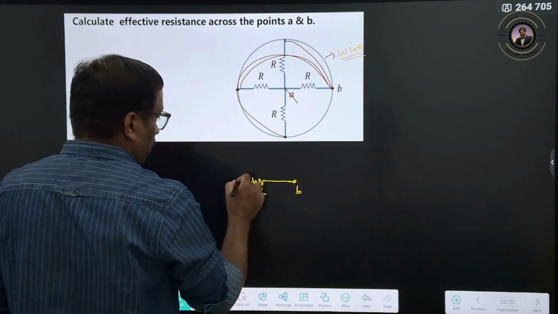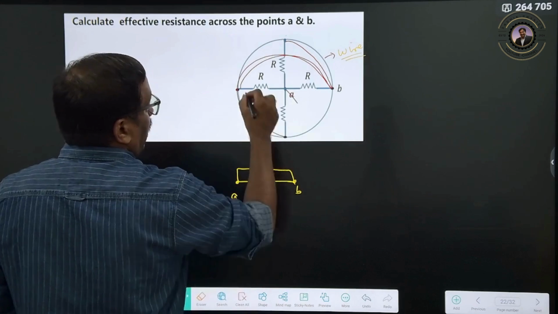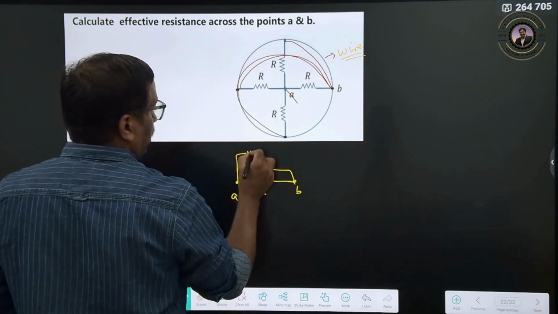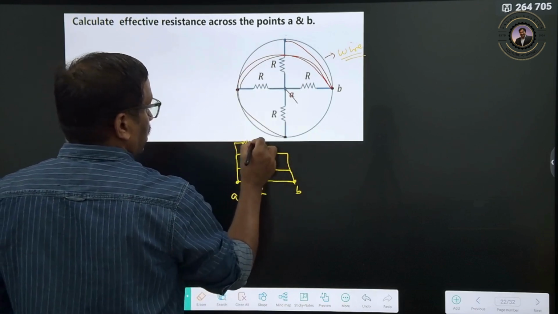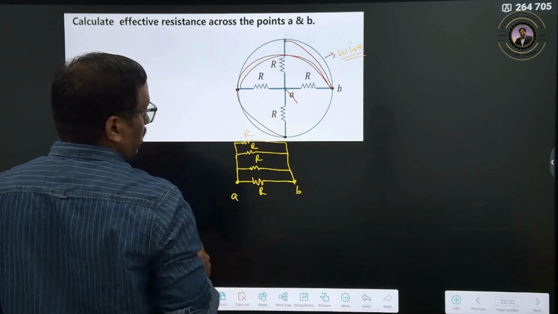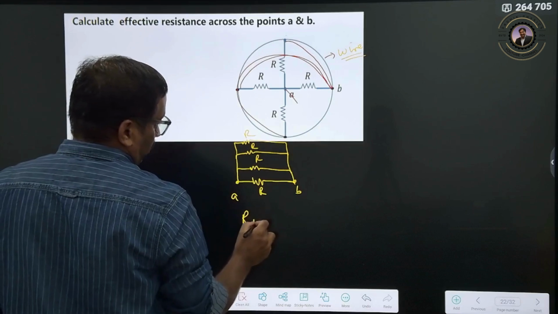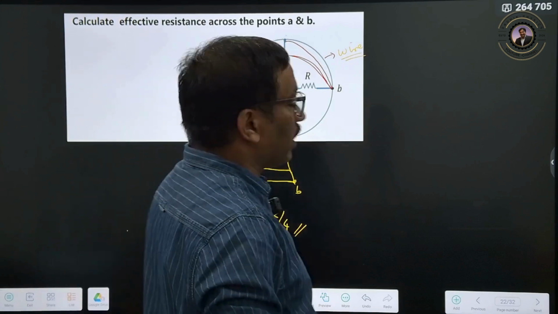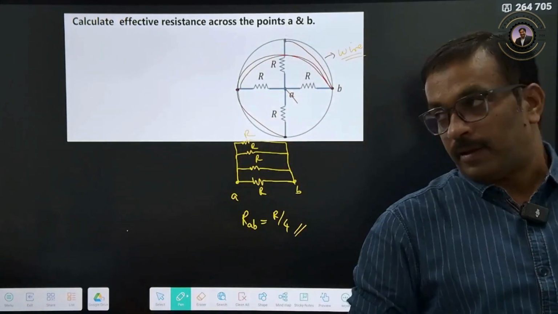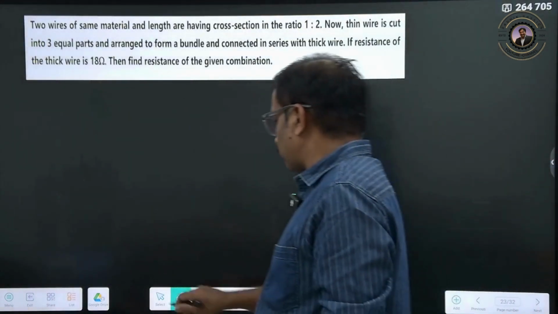So this is R, this also is R, and this also is R. How many are there? 1, 2, 3, 4. Therefore RAB can be written as R by 4, which will be your answer. Clear? Right? Now we'll go for another question.